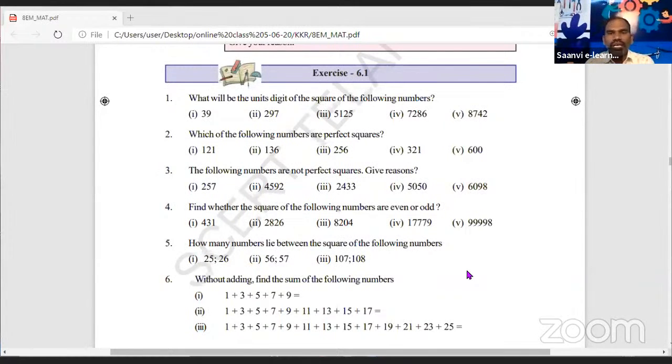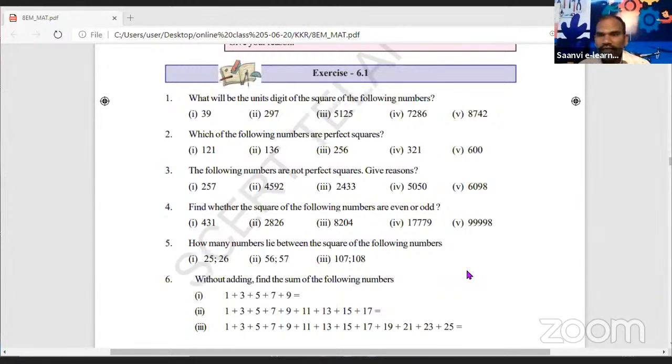So the unit place of the square of 5125 is 5. Next, the unit place of 7286 whole square. What is the unit place here? 6 square, 6 square is equal to 36. In that, the unit place is 6.